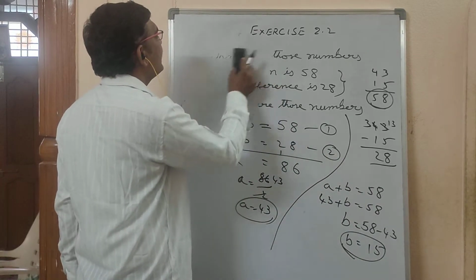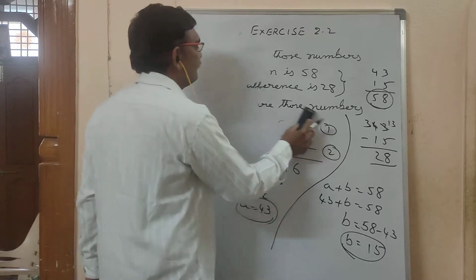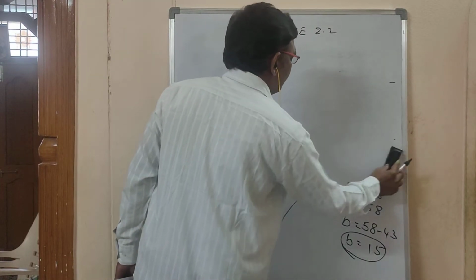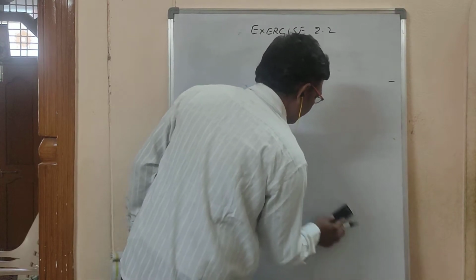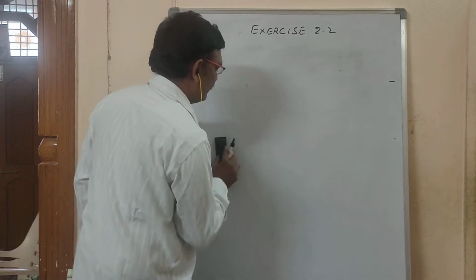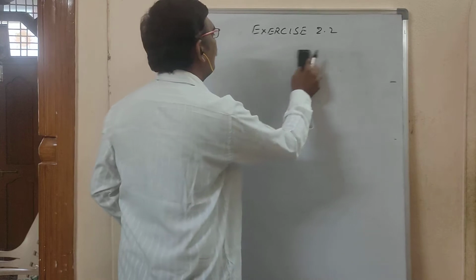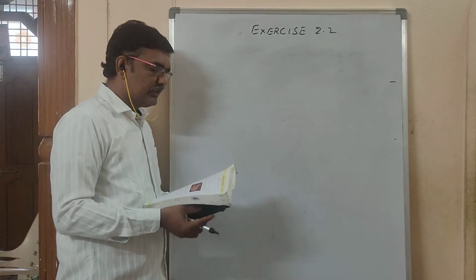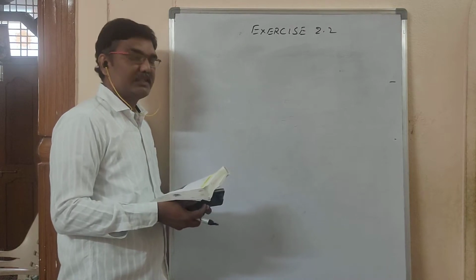Then we'll go for the next problem, that is the fourth problem. What is the fourth problem? First listen here. The sum of two consecutive odd numbers is 56.